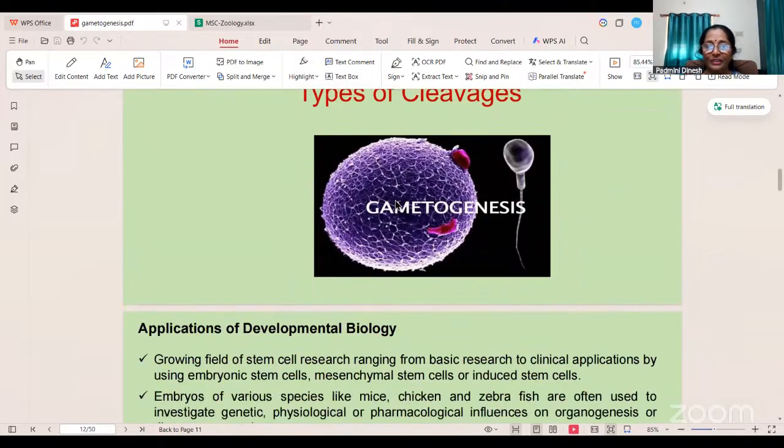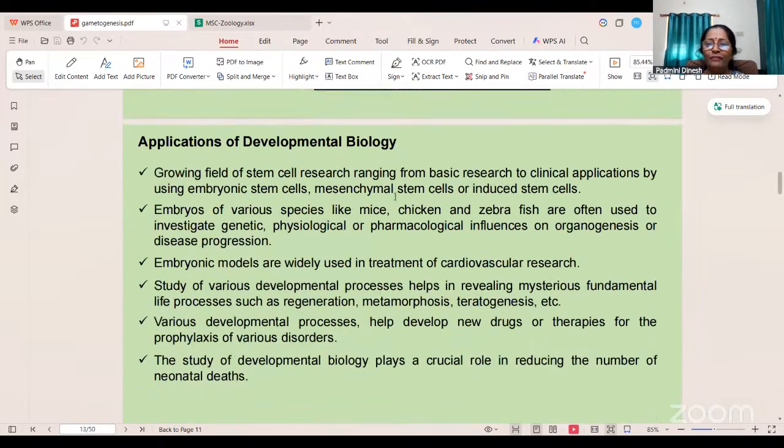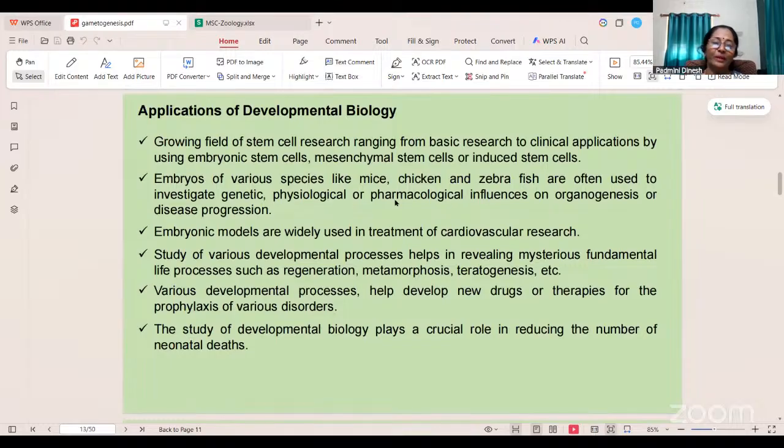So under this gametogenesis, the first thing we'll talk about, before going into the topic in detail, is what developmental biology is and why it is so important as a separate subject. Now, the growing field of stem cell research. You must have heard of stem cell research a lot.